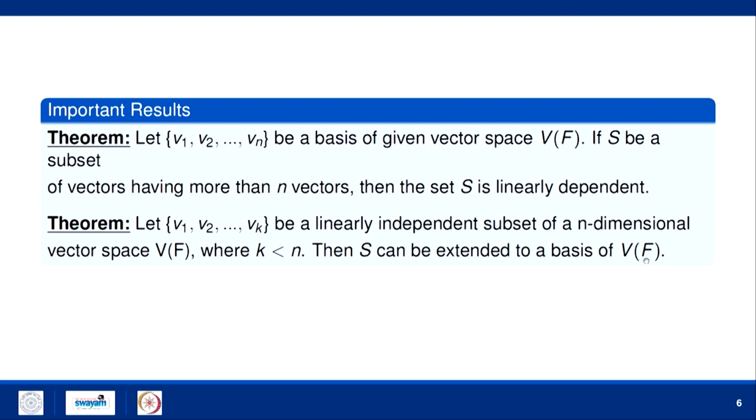For example, suppose I have the vector space R5 and I have 3 linearly independent vectors of R5. What I can do is include 2 more linearly independent vectors to that set of 3 vectors, and then I will have 5 linearly independent vectors in R5, and this set will be a basis of R5.